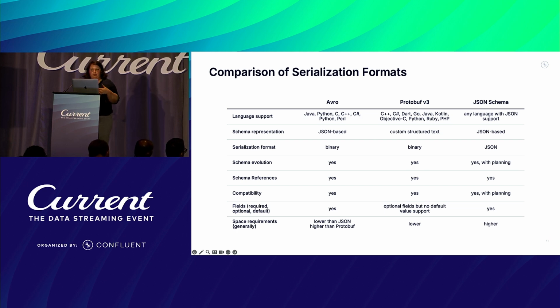We have seen that protobuf is very compact and JSON schema very verbose, and each format has advantages and disadvantages, and we can't help but conclude that there is no right format, and you have to pick the one you're most comfortable with or that fits the workload or your ecosystem.